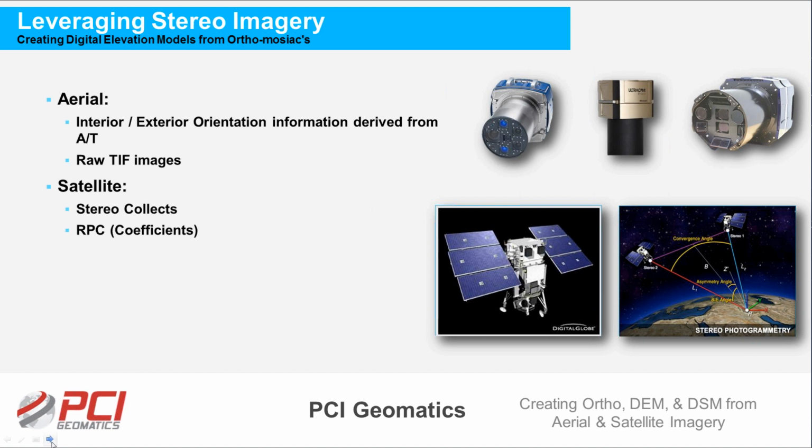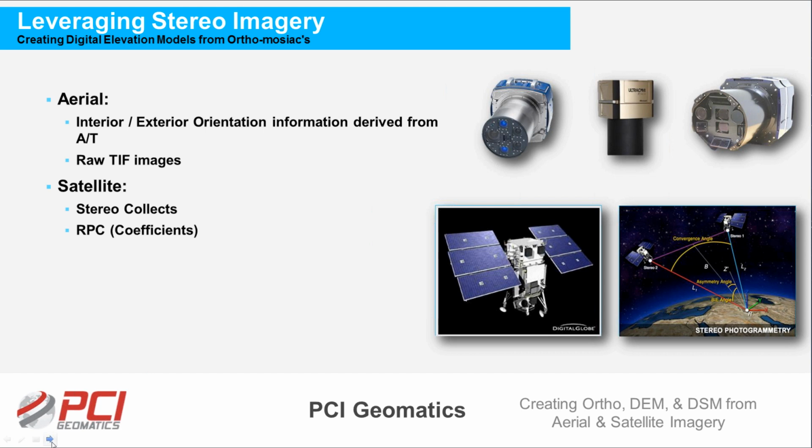Prior to running the DEM or the terrain modeling process within Geomatica, there are several requirements that are needed with both aerial and satellite imagery. Generally with aerial imagery, since it's camera-based, there is an interior, exterior orientation. There is a process called aerial triangulation, and you would also need to have the raw TIFF images.